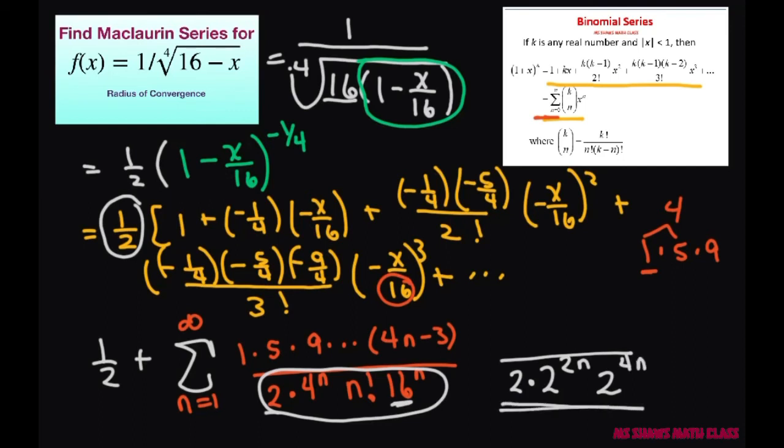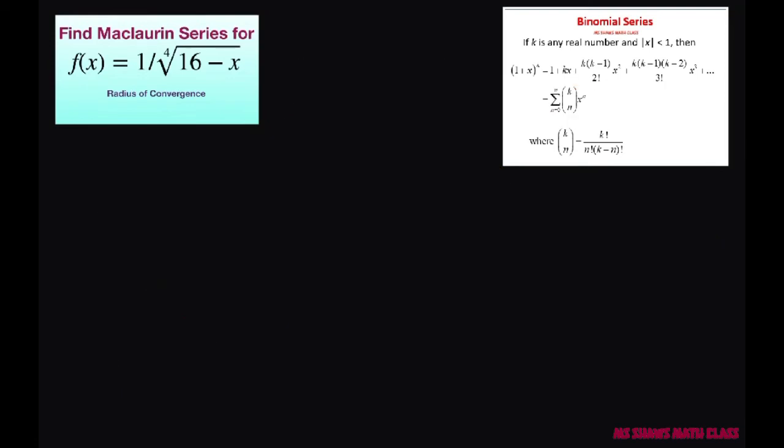So I'm going to simplify this part, and we'll get the sum 1/2 plus the sum n equals 1 to infinity of 1 times 5 times 9 times ... and then we'll have 4n minus 3.